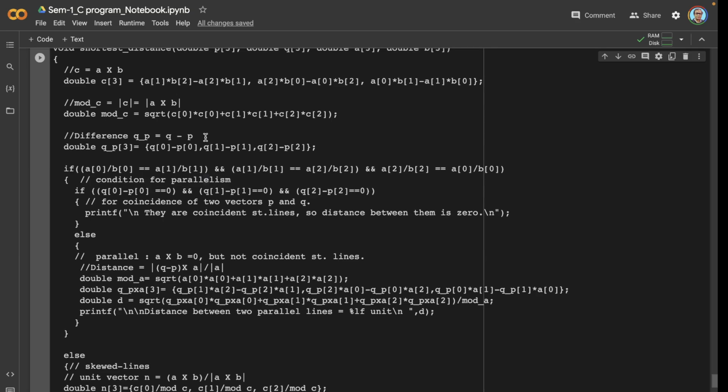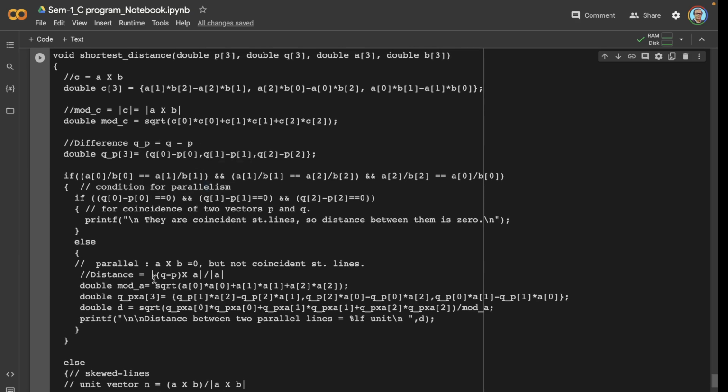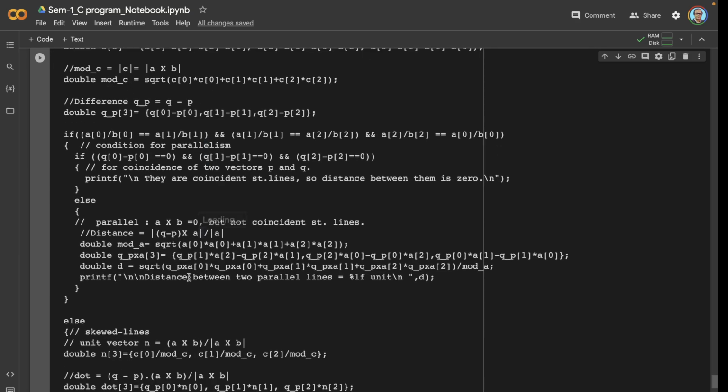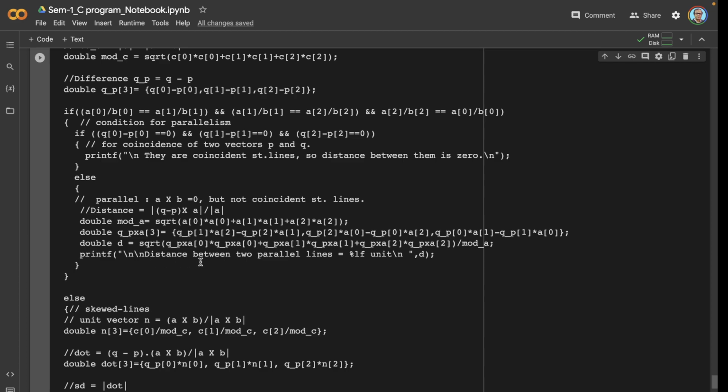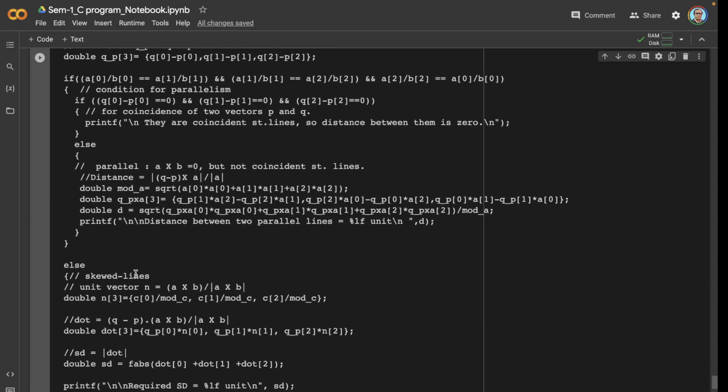So we can find this for parallelism. This is the modulus of q minus p cross a. So the d vector is the modulus of q minus p cross a, and this divided by the modulus of a is d, the distance.